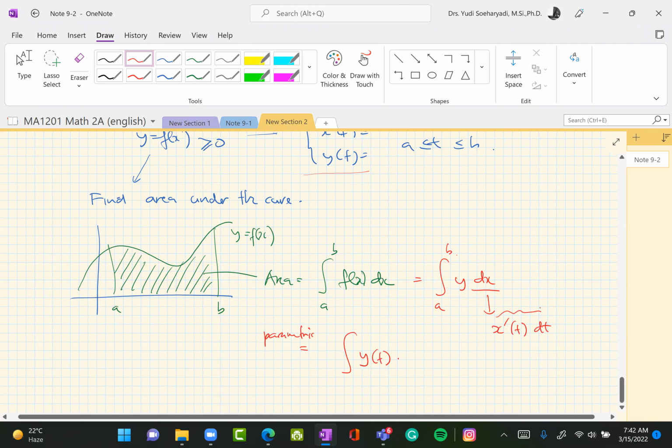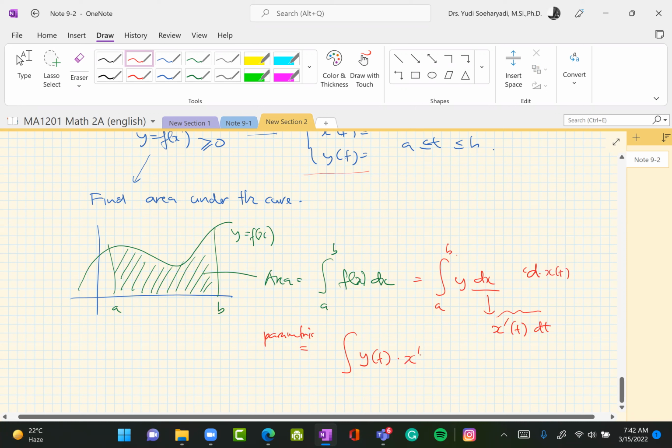Remember, this is the differential. x is a function of t, so dx is x prime times dt.